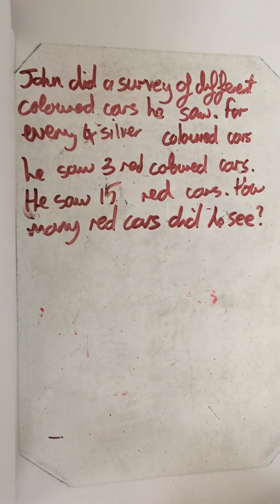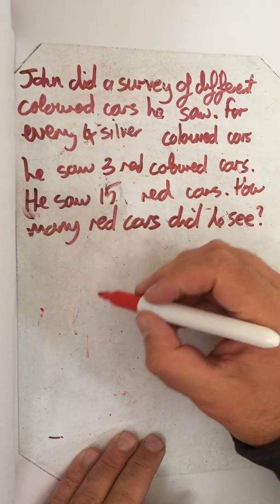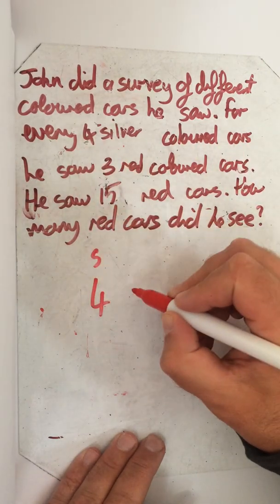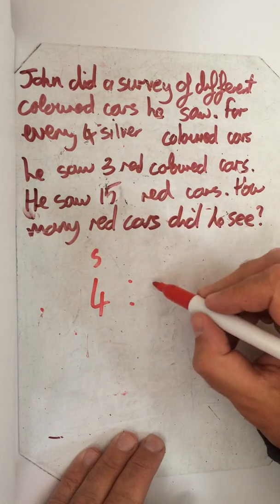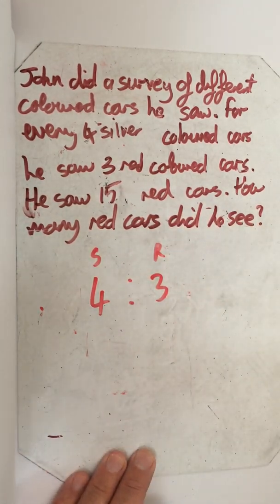So the same rule applies. All we have to do is write down our ratio. For every 4 silver coloured, he saw 3 red coloured. Once you write the ratio down and see it in front of you, it's so much easier.